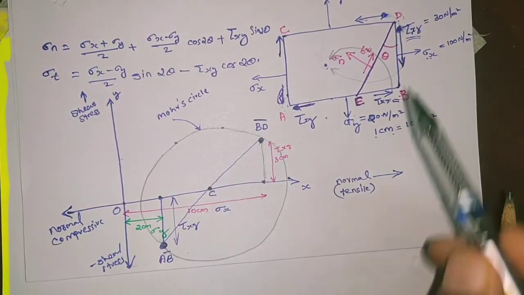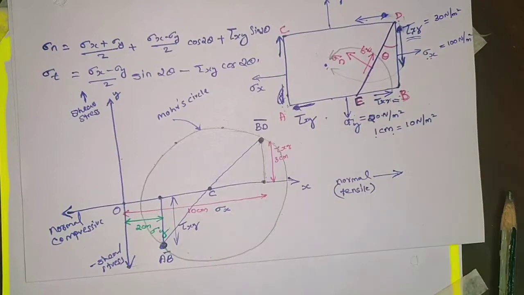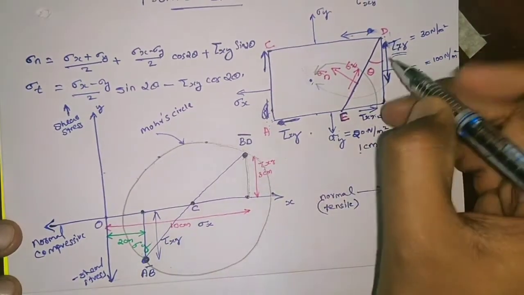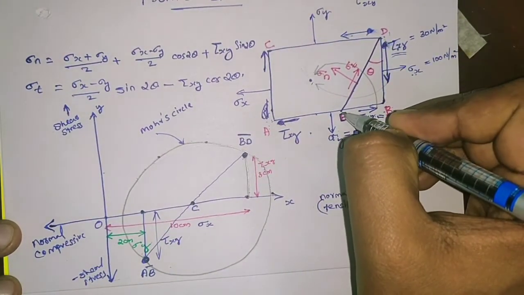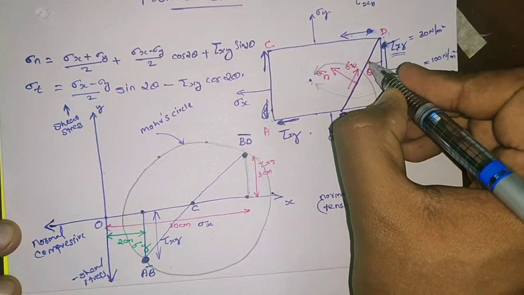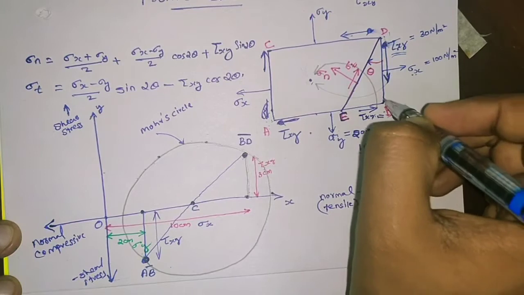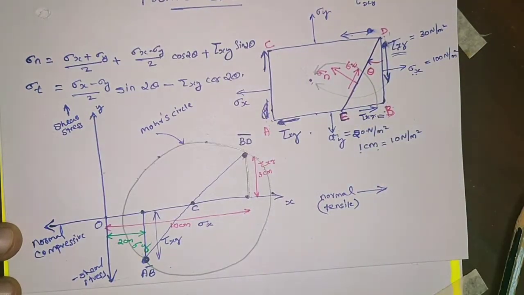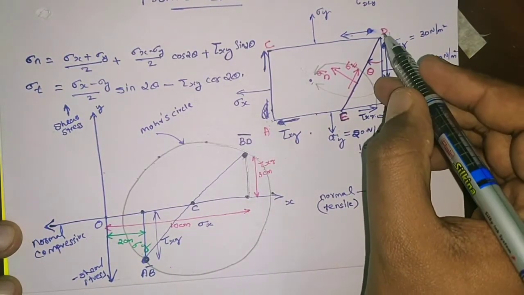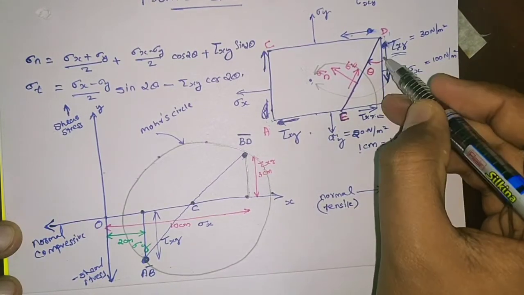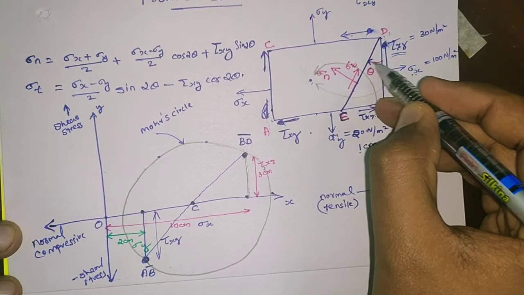So next we are going to represent this DE plane. From this it is clear that this DE plane is at an angle theta from the BD plane. How? By the rotation of this BD plane by an angle theta in clockwise direction.